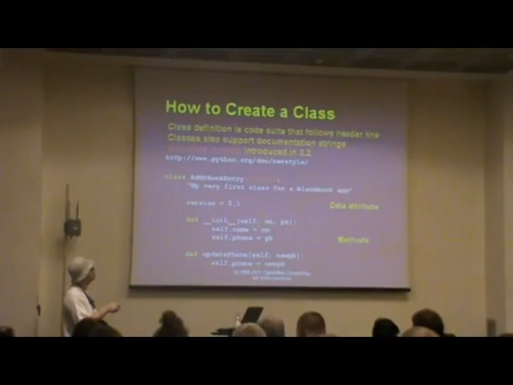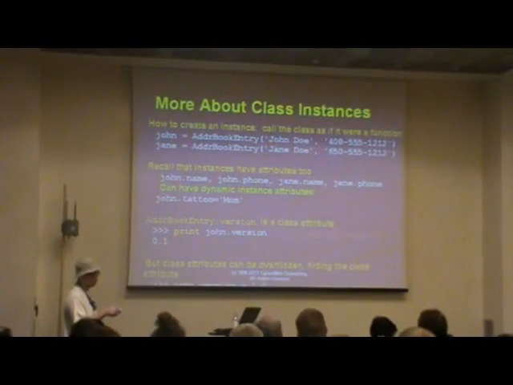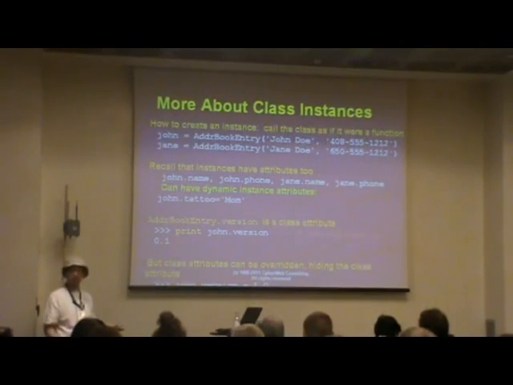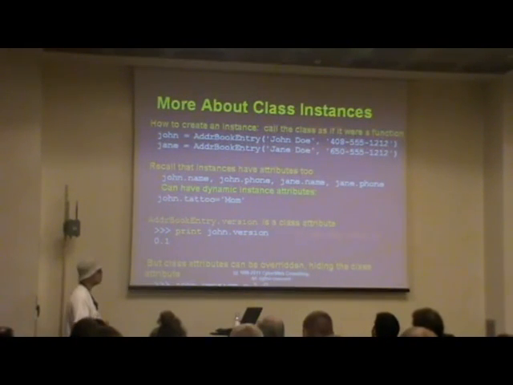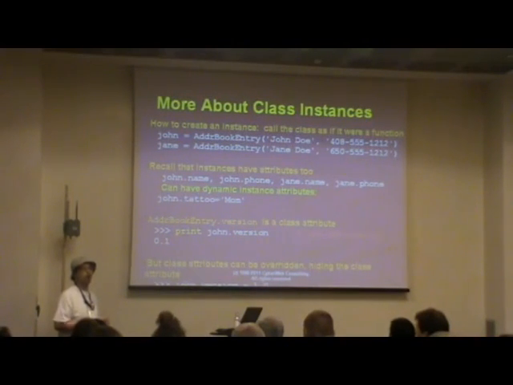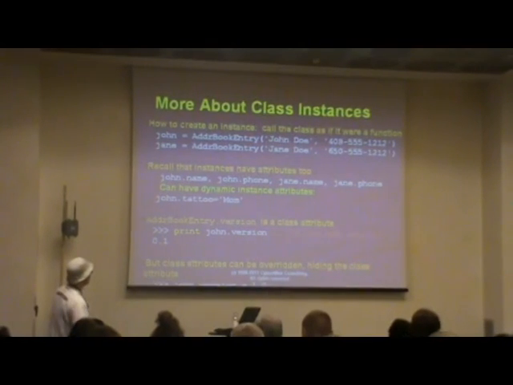You can't get access to it unless, of course, you go back and use address book entry.version like I originally suggested. Then you wouldn't have this problem, and you wouldn't have an unexplained bug in your code. Everybody understand that? Very important. This catches a lot of beginners as well. My job is to create more bug-free Python programmers. That's you guys.